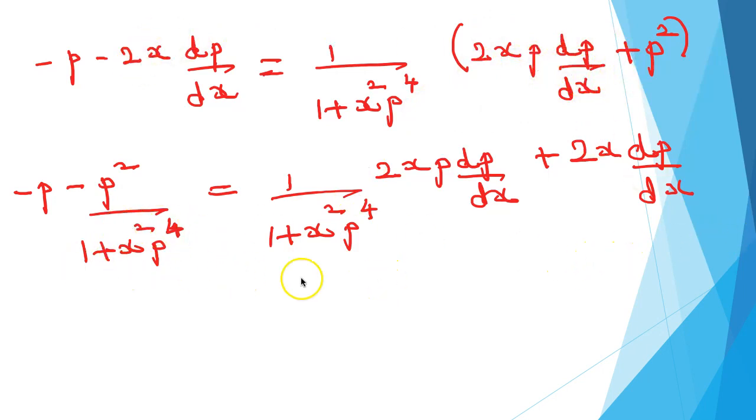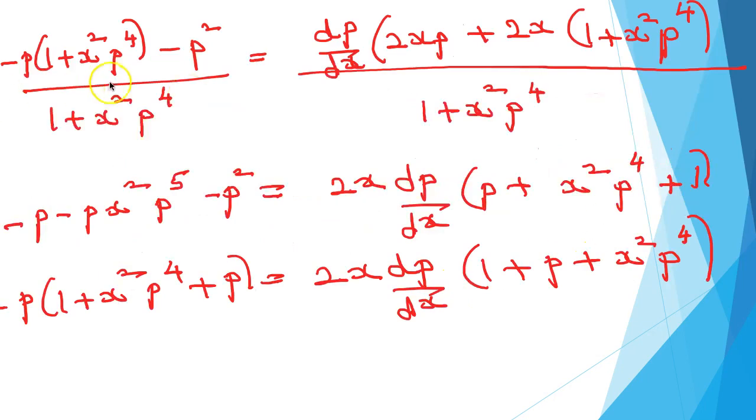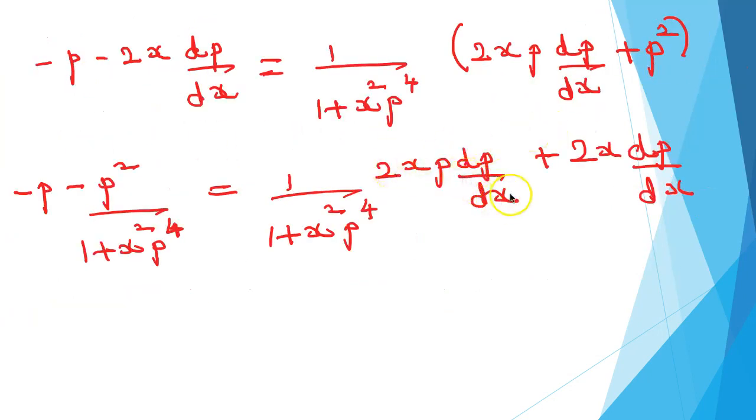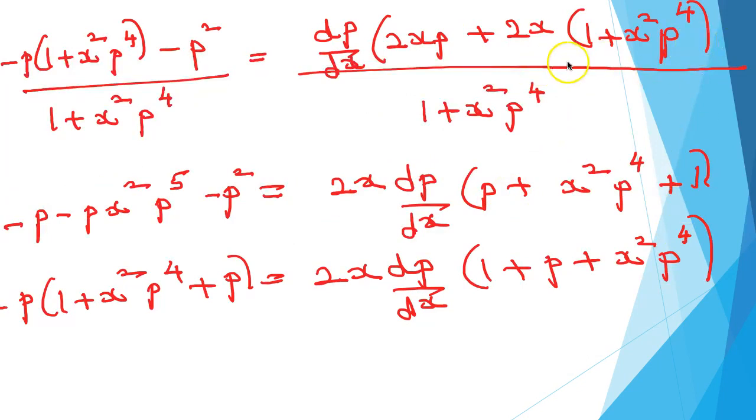What can we do now? Take the LCM. So we get minus p into (1 + x²p⁴) minus p², by again the denominator on the right, we get 2xp dp/dx plus 2x into (1 + x²p⁴).